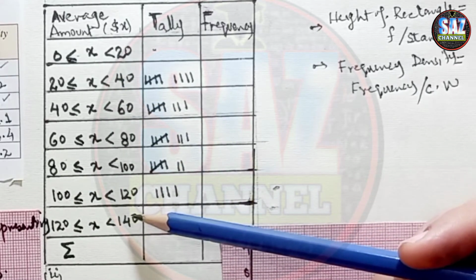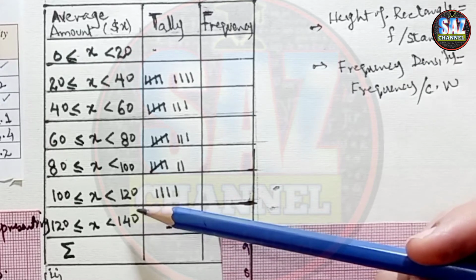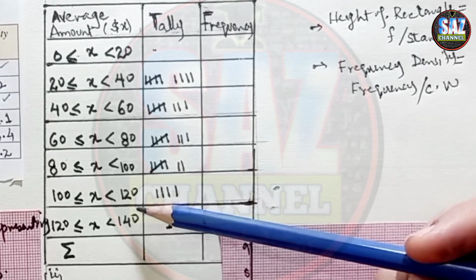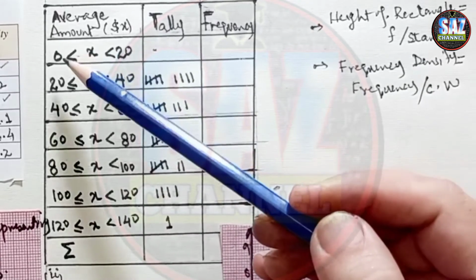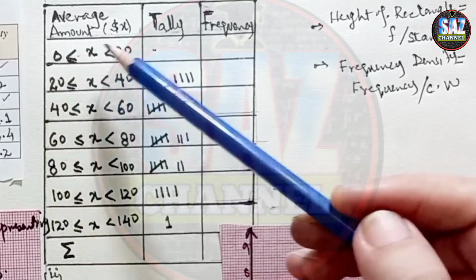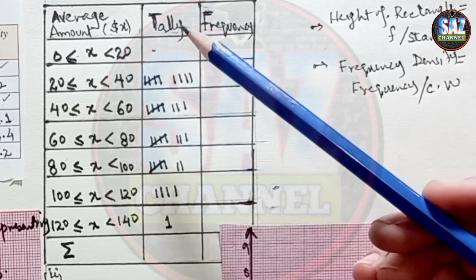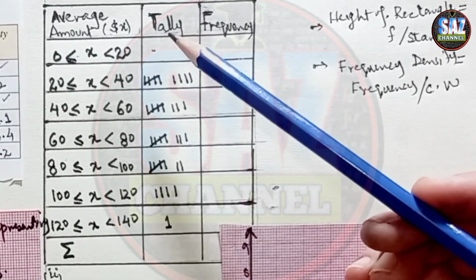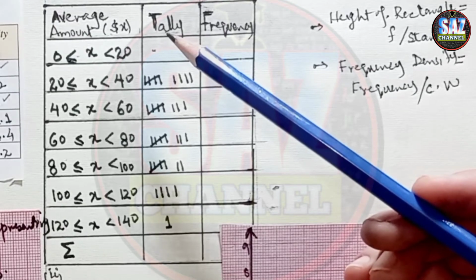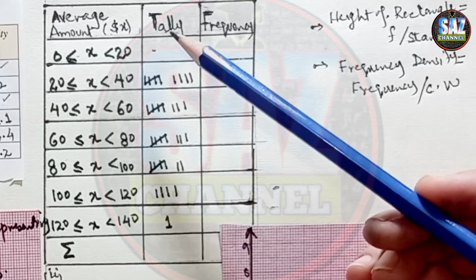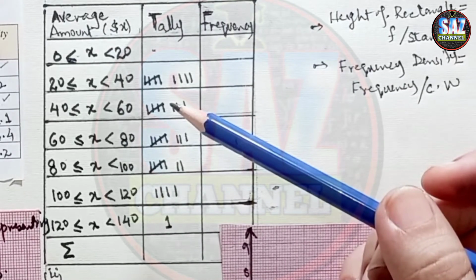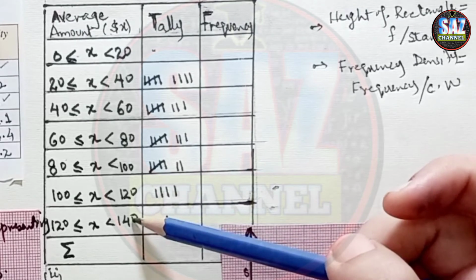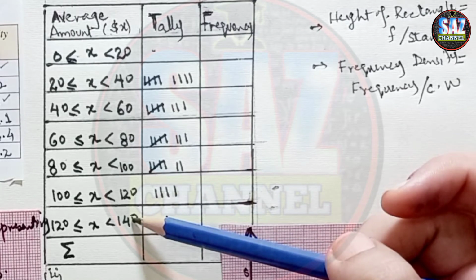If we look at the question, the smallest value I can find is 11. So that's why the first class has the value 0 to 20. And if you look at the largest number of the data, we have 95, then in this row 120 is coming, and then there must be some number beyond 120 as well.